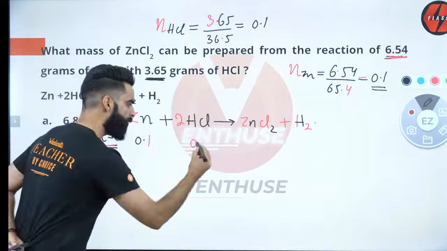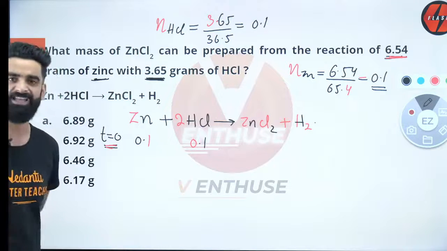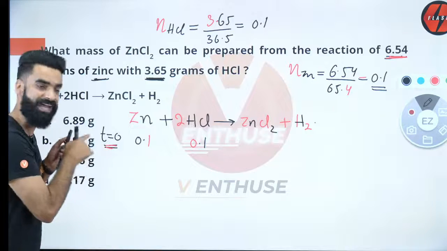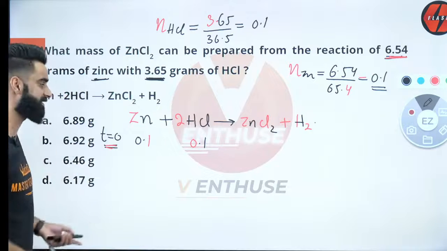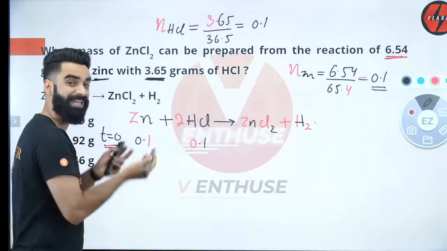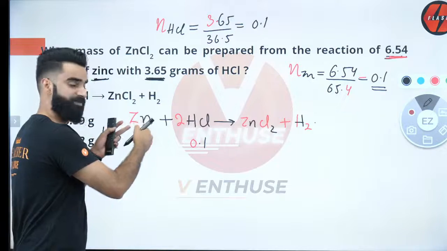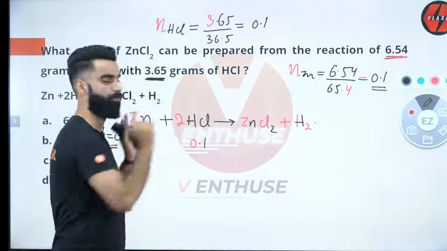So I have 0.1 moles of HCl as well. In the beginning, at time t equal to 0, when the reaction has not started, I have 0.1 moles of zinc and 0.1 moles of HCl.